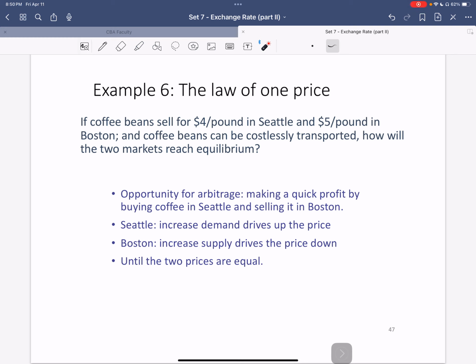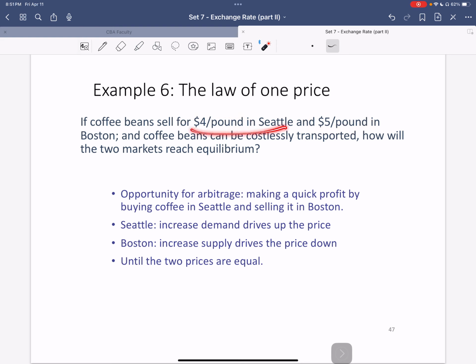And here again, we are assuming that the coffee beans could be transported costlessly between Seattle and Boston. And the question is asking how will the two markets reach equilibrium? The two markets will reach equilibrium by arbitrage.